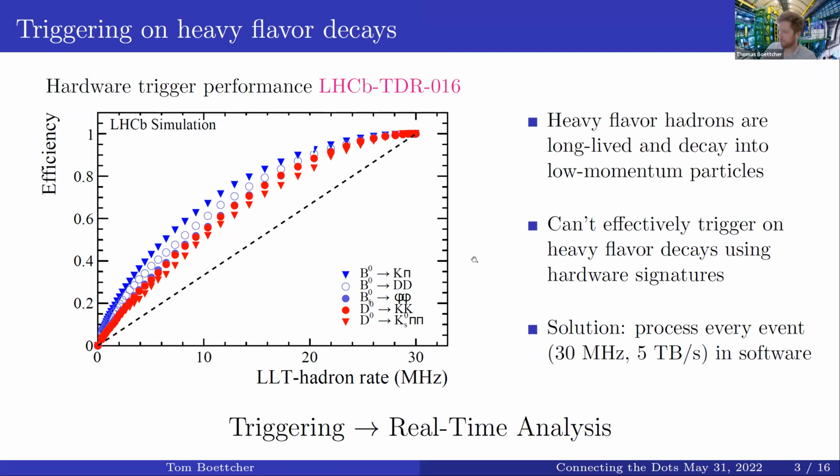The solution we have come up with is to process every event at LHCb in Run 3 in software. This corresponds to an event rate of about 30 megahertz and a data rate of about 5 terabytes per second. So we're really moving from triggering on single signals to what we call real-time analysis, where we are reconstructing, at least partially reconstructing, decays and triggering on those reconstructed objects.